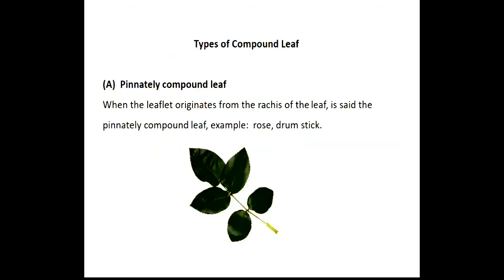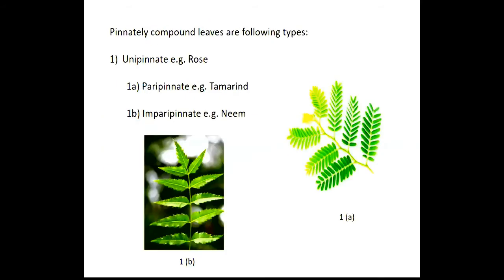So can you now see the PowerPoint slideshow? Yes, sir. Okay. So here there are two odd structures that I have just made for you. Before going to the different types of compound leaf, there are some points like pinnately compound leaf and palmately compound leaf.